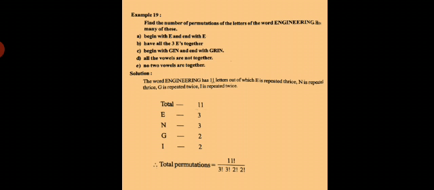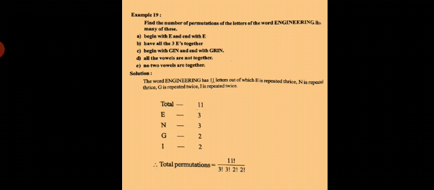Our first example: find the number of permutations of the letters of the word engineering. How many of these: A, begin with E and end with E. B, have all the three E's together. C, begin with GIN and end with GRIN.